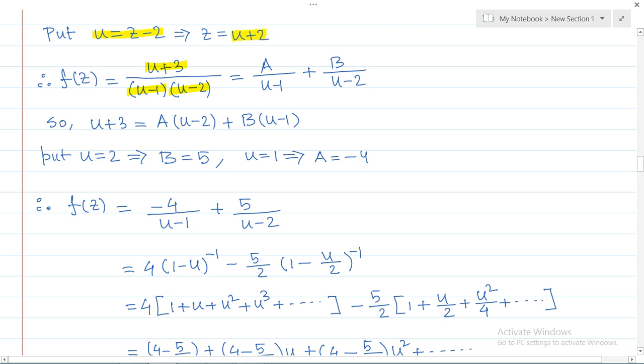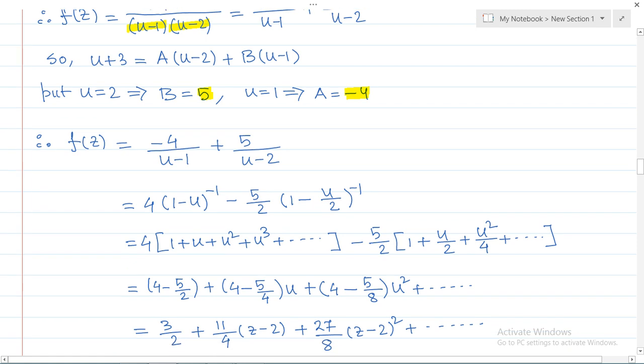Since these are two linear factors, we have a upon u minus 1, b upon u minus 2, and we have to substitute and find the values of a and b. After simple calculation, we are getting a equal to -4 and b equal to 5. So the value of f of z we are obtaining is -4 upon u minus 1 plus 5 by u minus 2.